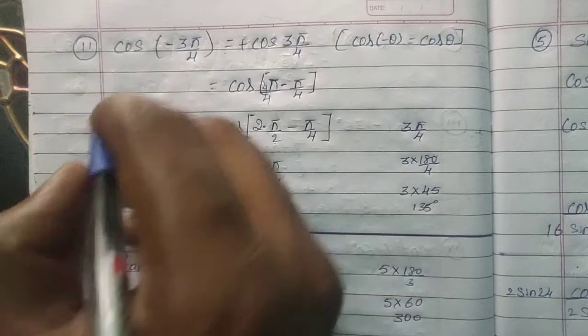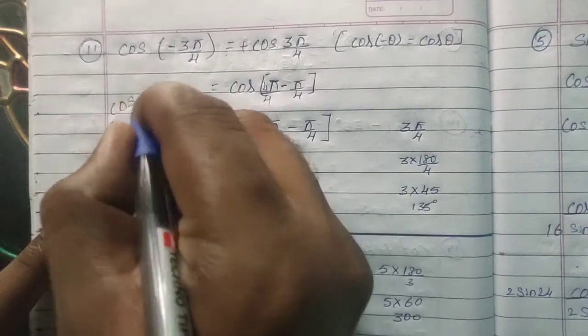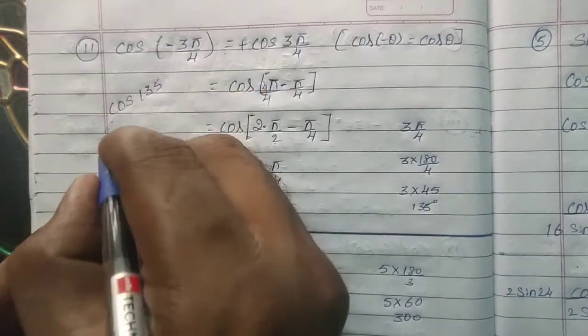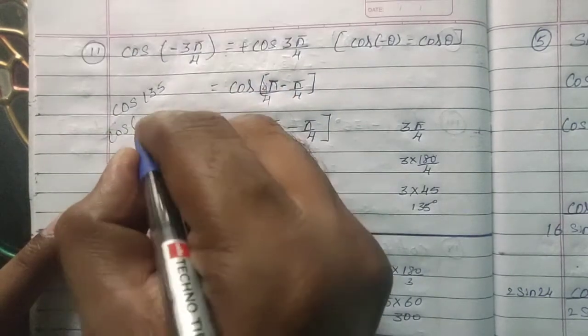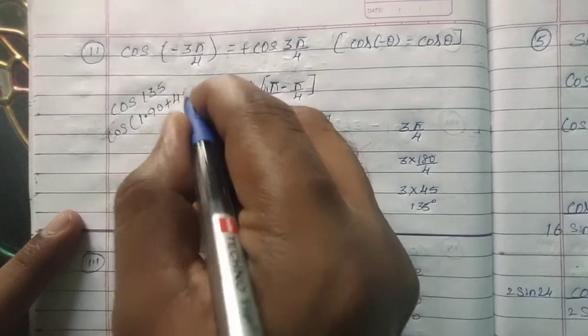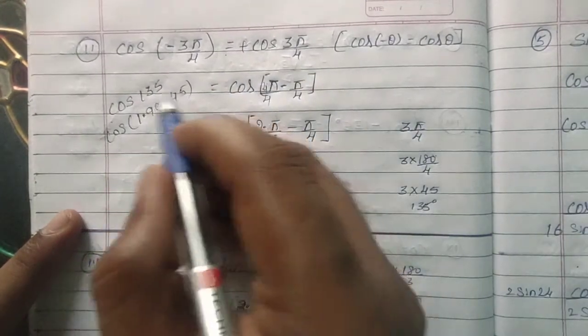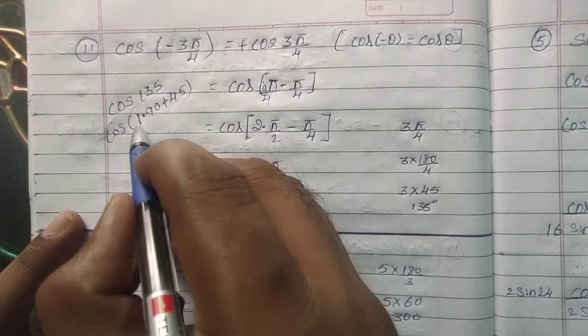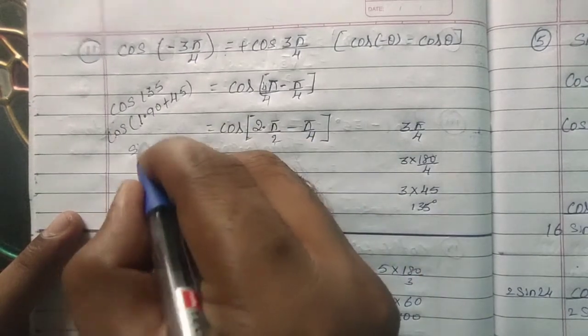Take cos 135. How do you write this? Cos of 1 times 90 plus 45, 90 plus 45 is 135. N is odd, so cos becomes sine.